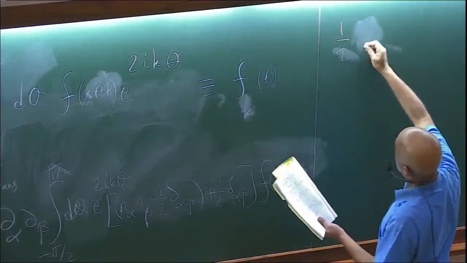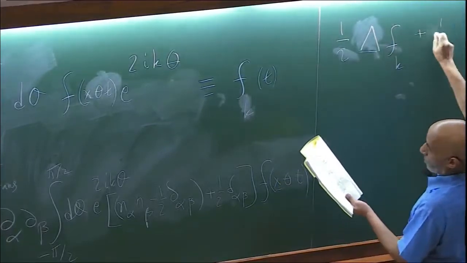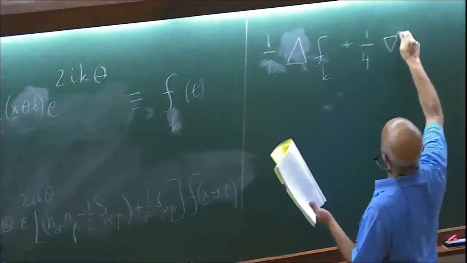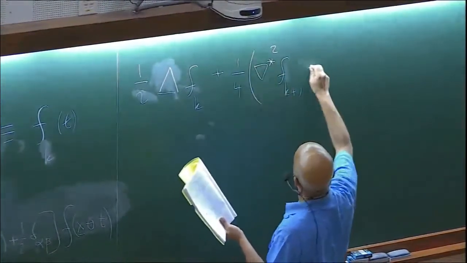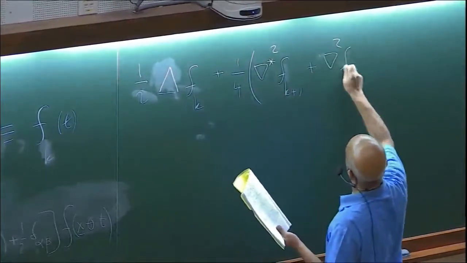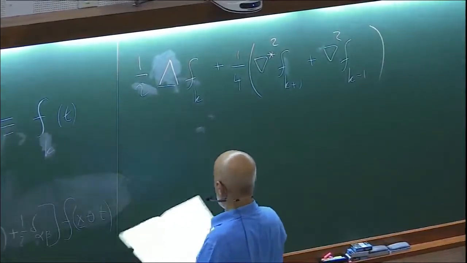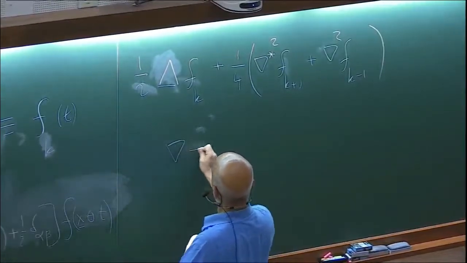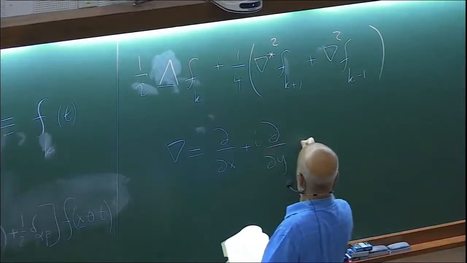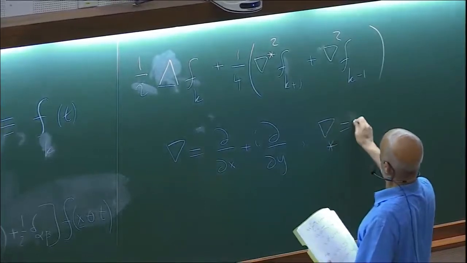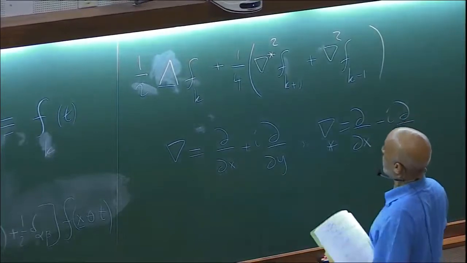Let me use a different notation. I'll call it delta. Delta is the usual Laplacian. I'll tell you what I mean by this, where grad in this case is this, star. Why does this happen?